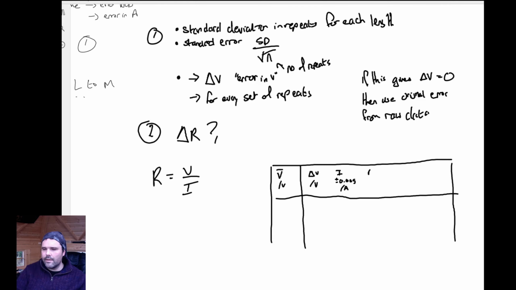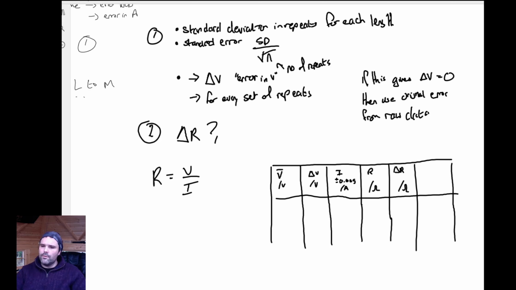And then I'll have my calculated value for R. Again, no plus or minus because it's not raw data. And that would be in ohms. But here, I'd have delta R, again, in ohms. So what I end up with is my calculated values of R, and right next to that is my error in R, and that's what I'm going to need. It makes sense to put them together, but they don't have to be.